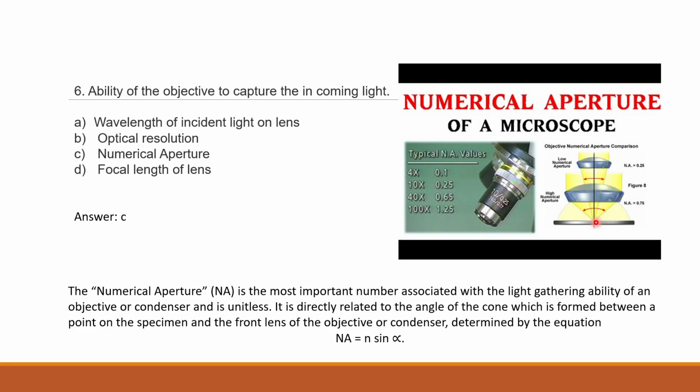And then the front of the lens of the objective or condenser, whichever is first, depends on the type of microscope. So this cone that is formed, and the angle you see from this point, whatever point is at the center, that is your optical axis. This black line you see is your optical axis.